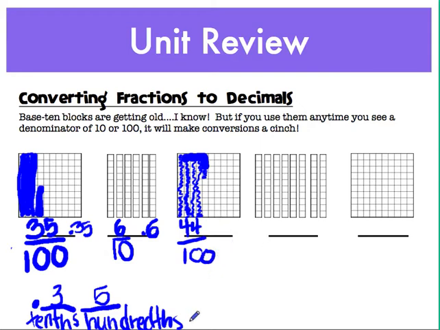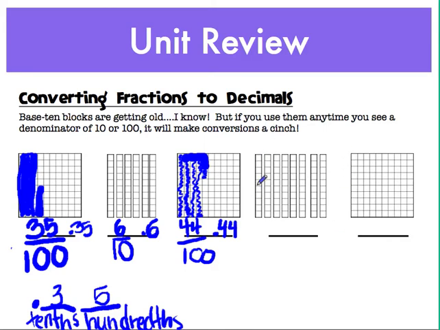I want to give you a second to think about that. All right, anybody know it? Yes, our decimal is going to be written with a 4 in the tenths place and a 4 in the hundredths place. Very good.